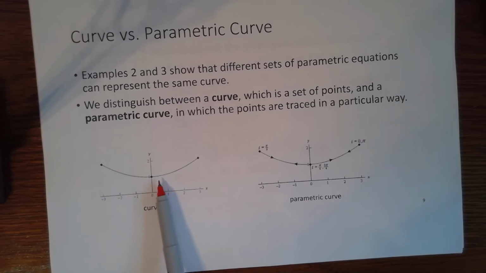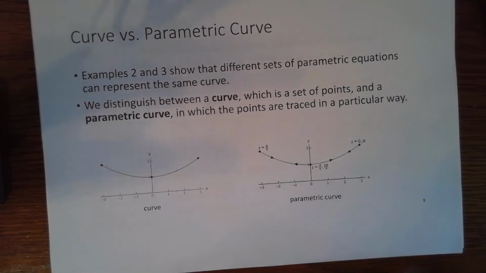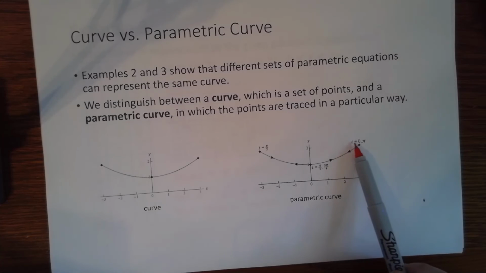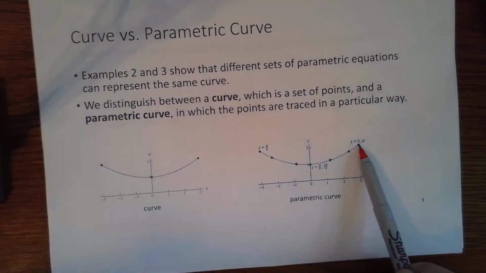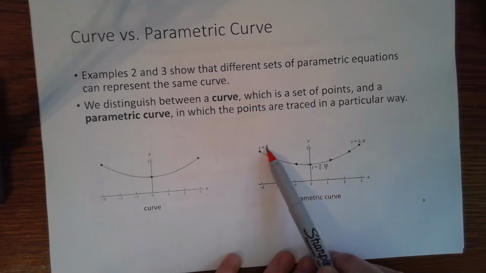So here we might have a curve where it's just a set of these points, but we don't have any idea of an initial point or a terminal point. That's just a set of points. With a parametric curve, we see on here that at time 0 we start here, that's an initial point. And then t is 0, t is pi over 4, t is pi over 2.